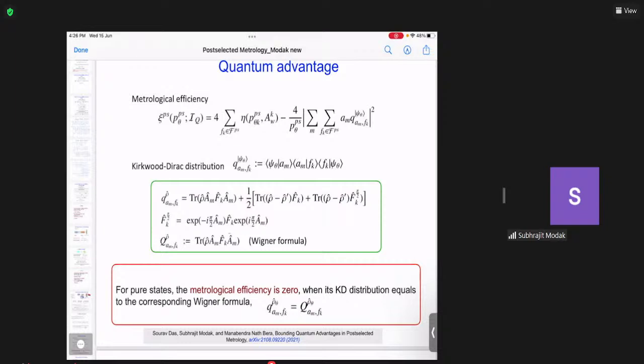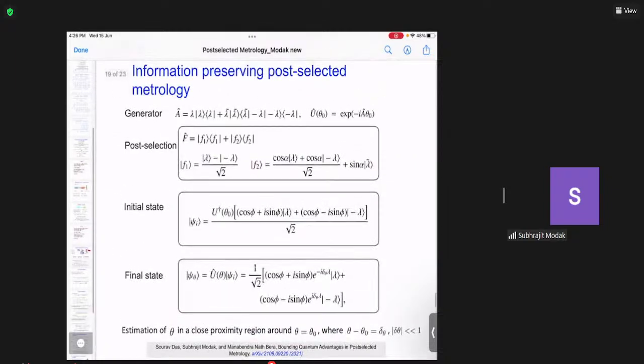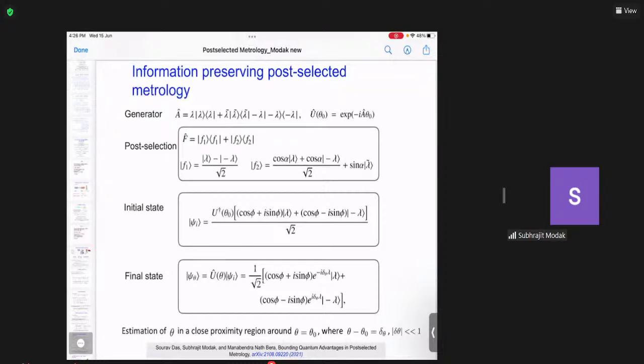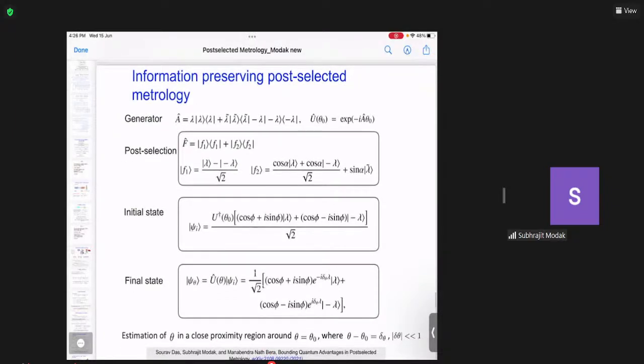Now let's get into the next part of my talk. These are all the optimization protocols, how to optimize the advantages, so I'm not going into the details. This is a theoretical design of a metrological protocol based on our previous prescription.